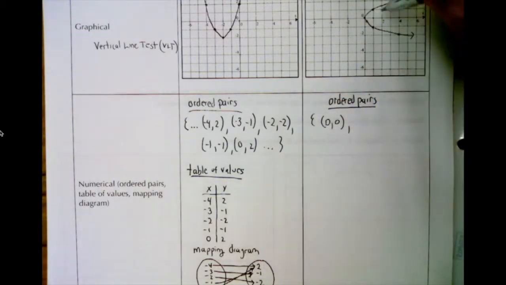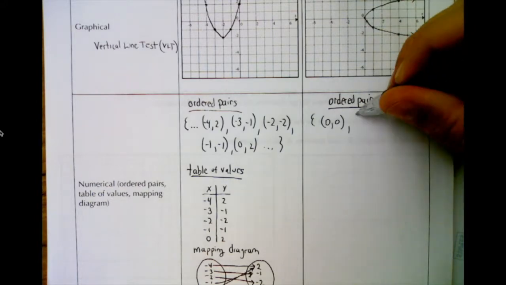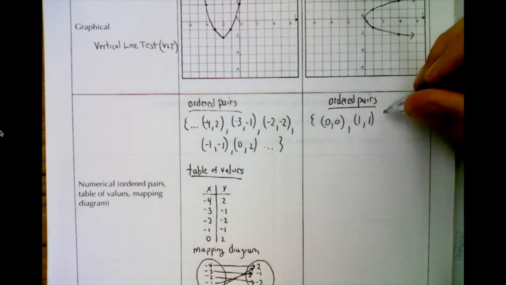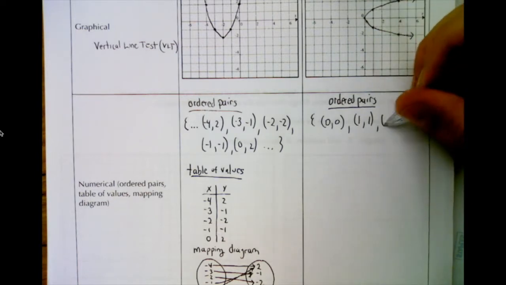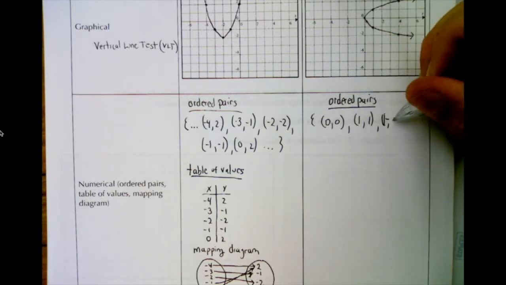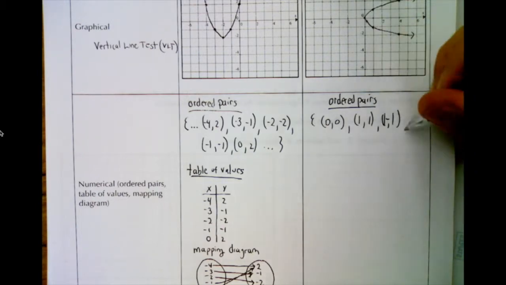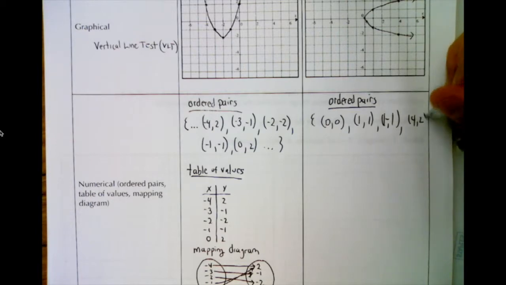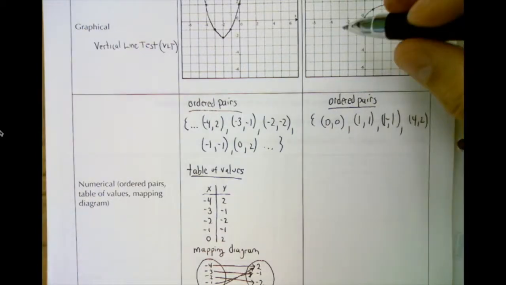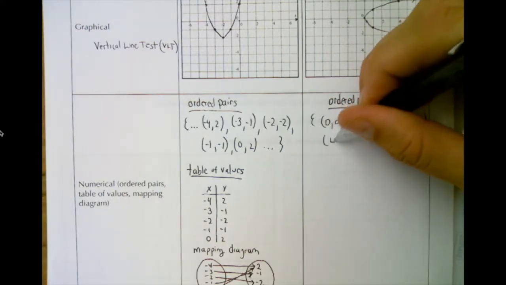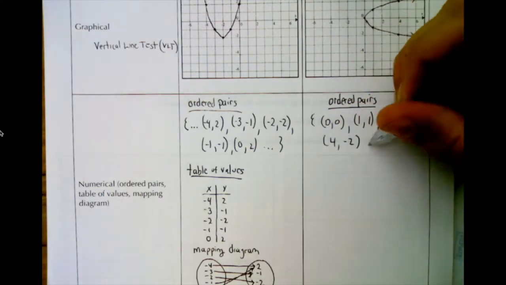And then we have the point 1, 1, but also 1, -1. And 4, 2. And 4, -2. And those keep going.